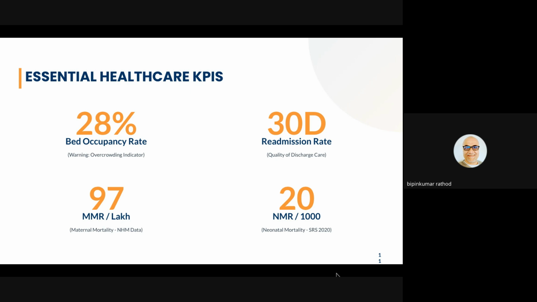So my advice for all of you is that you understand the story behind the number. That is important for healthcare KPIs, to put your intelligence and expertise to improve the hospital performance.